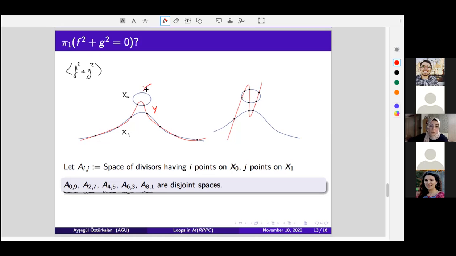So on this component, either we have no intersection or 2 intersections or 4, 6 or 8 intersections. Here, this is the example for A27. And this is the example for A63, 6 intersections here, 3 intersections here. And notice that these are disjoint spaces.